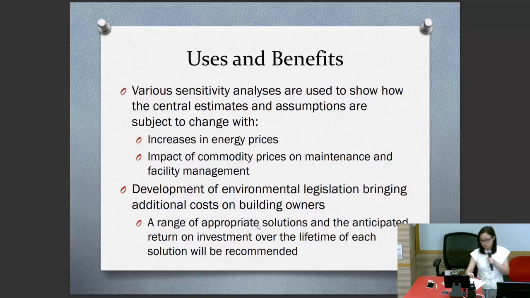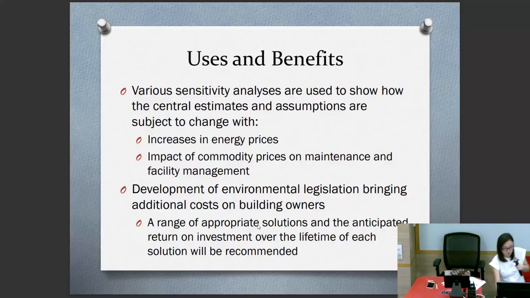So the marginal abatement cost curve is also very useful when it comes to pricing carbon, when you want to set a target for the carbon price. The curve helps inform on where the price of the carbon allowance needs to go.